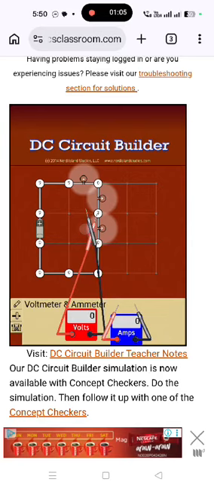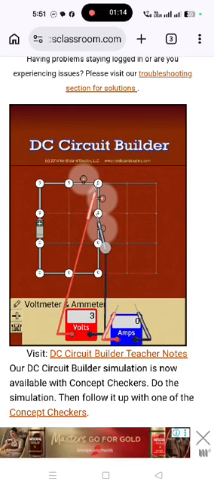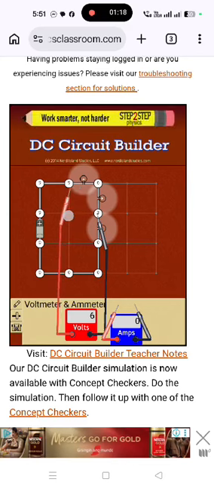In the second bulb, how much is the voltage? Still 3 volts. On the third bulb, 3 volts.